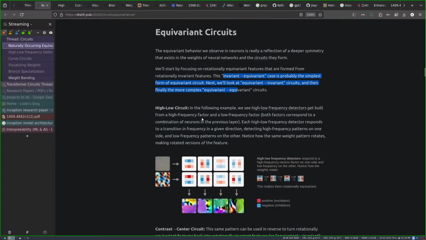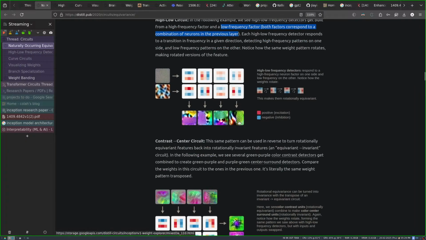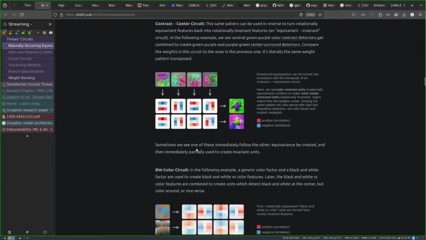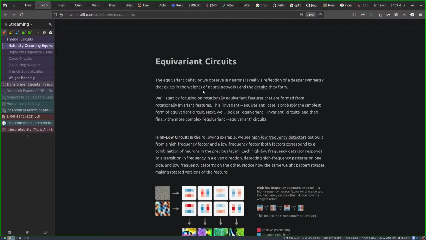High-low circuits. In the following examples, we will see high-low frequency detectors get built from a high frequency factor and a low frequency factor. Both factors correspond to a combination of neurons in the previous layer. Okay, now we're talking about circuits.